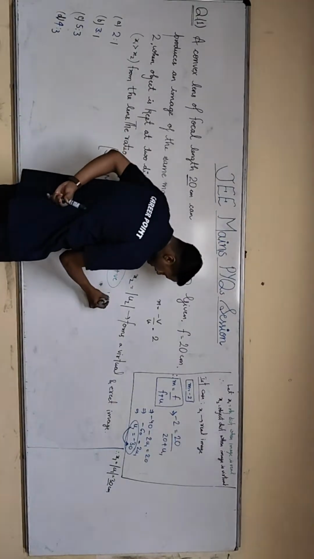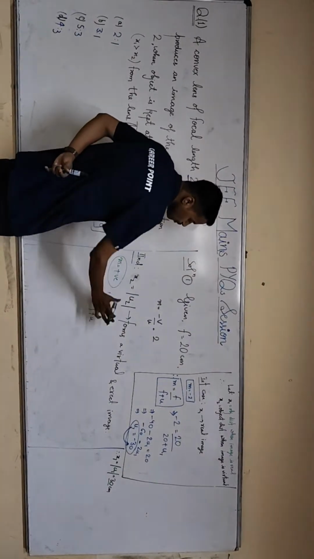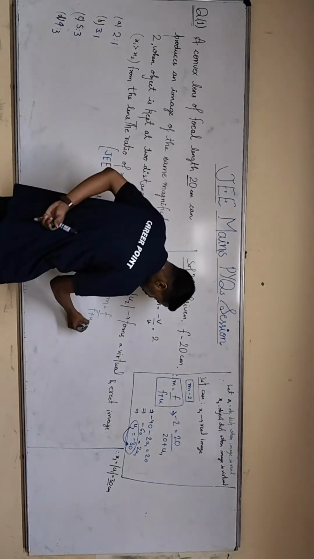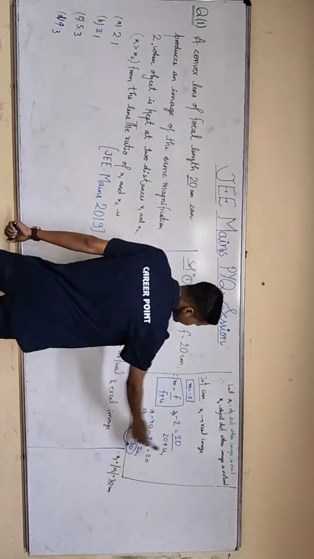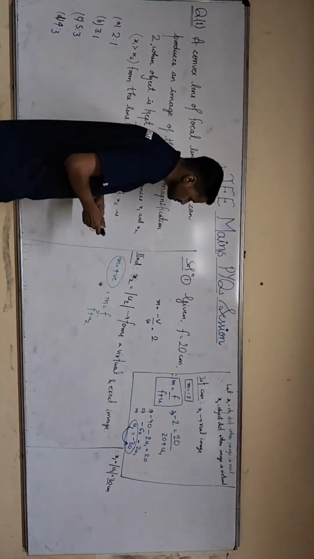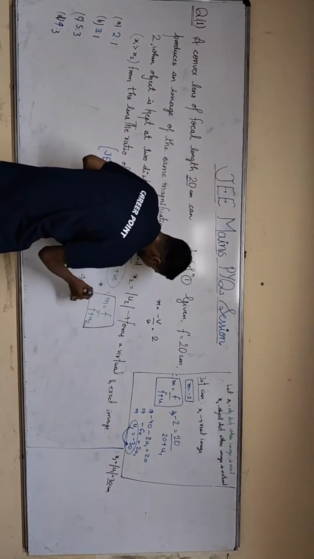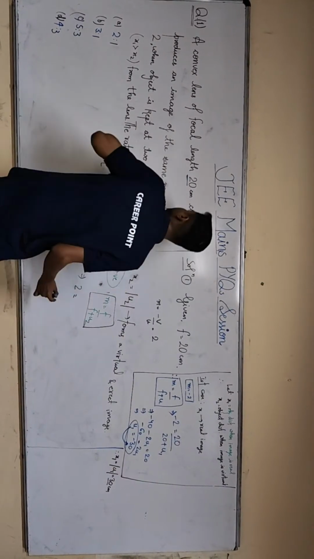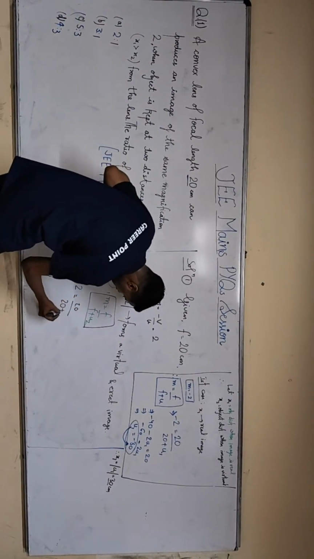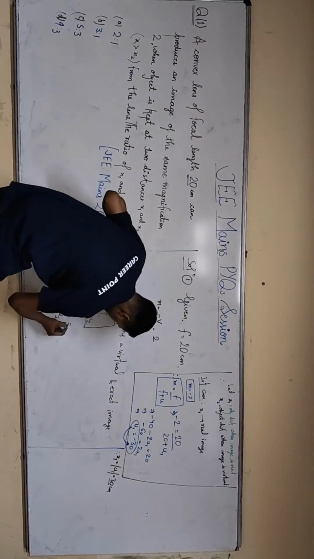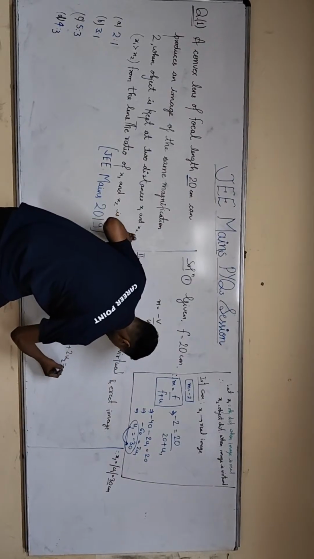As you know very well, the formula of magnification is f over f plus u. So substitute the value of magnification, focal length and u2. Now it becomes the object distance when the image is virtual. So substitute the values: 2 is equal to f, the focal length, that is 20 centimeters, upon 20 plus u2. So this equation becomes 40 plus 2u2 is equal to 20.